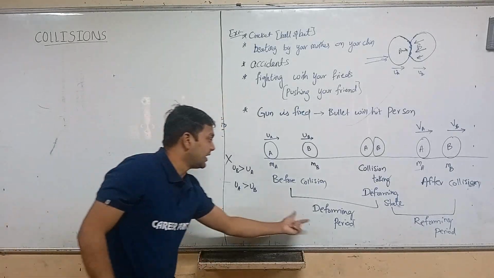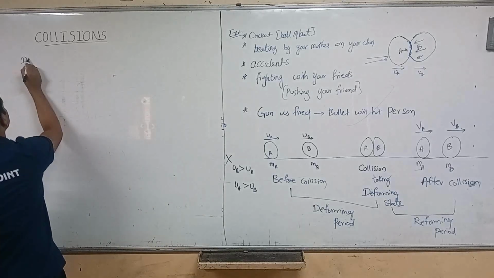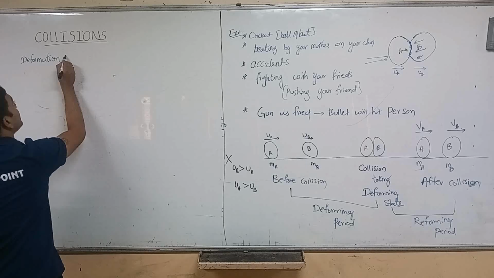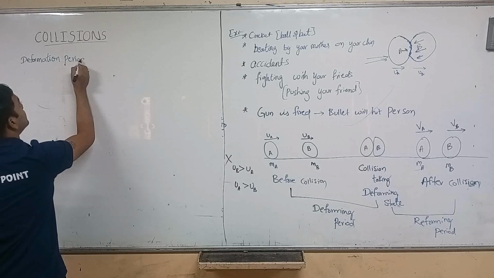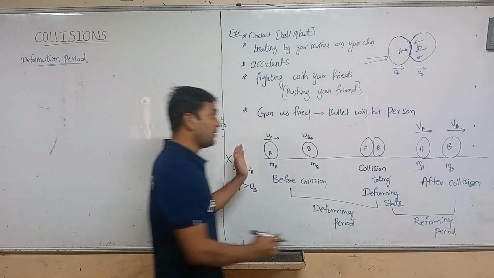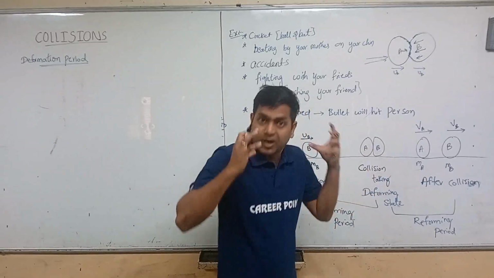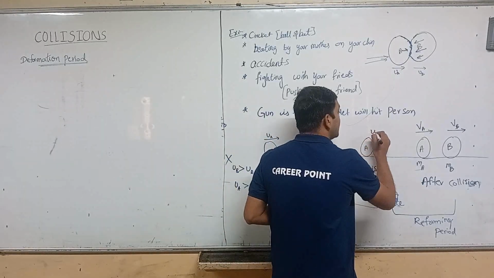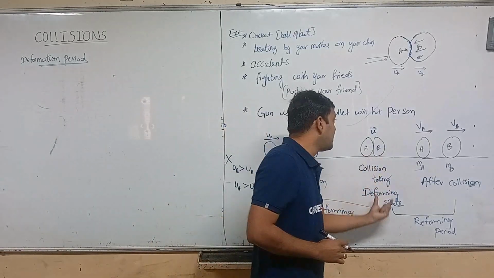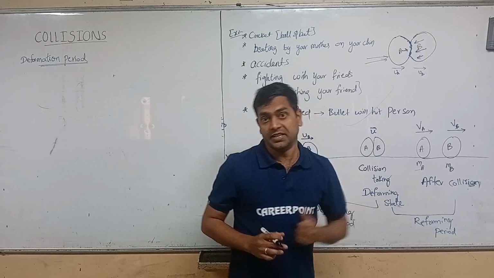So here we will take the deformation period. What happens in the deformation period? Now this is my final, right? At the point of collision, there will be the maximum velocity of the two objects. Are you getting? The maximum velocity of the two objects is at the deforming state.